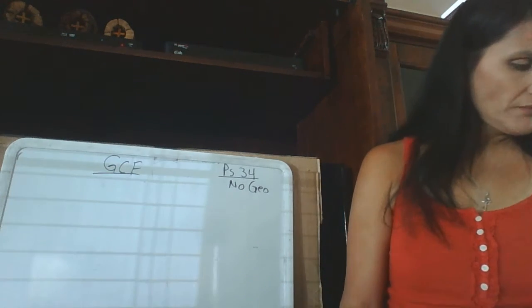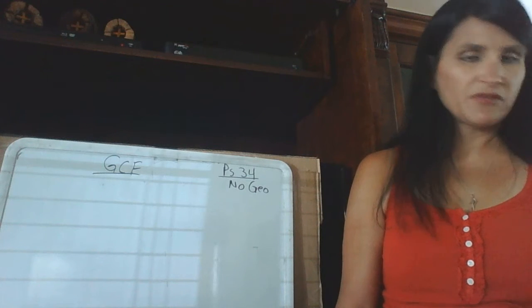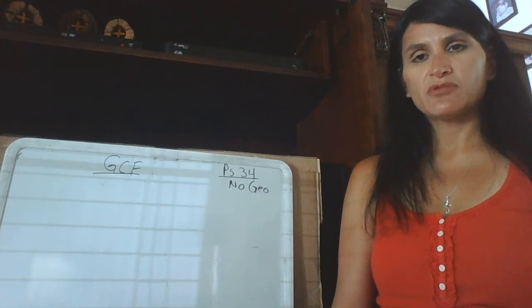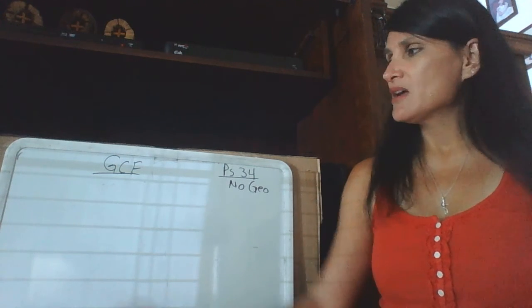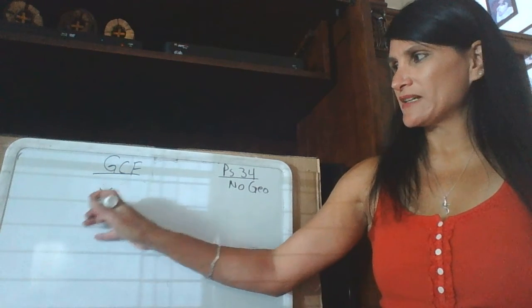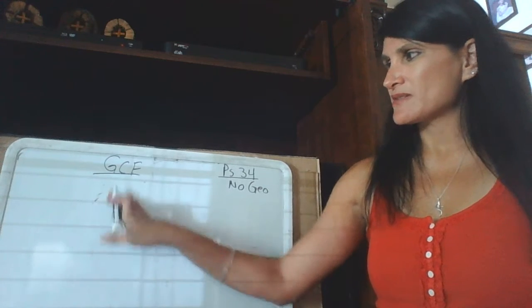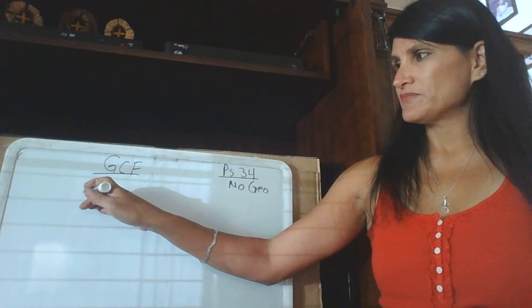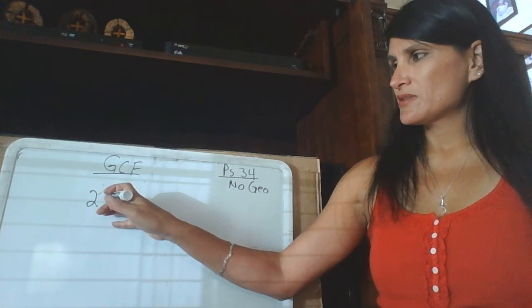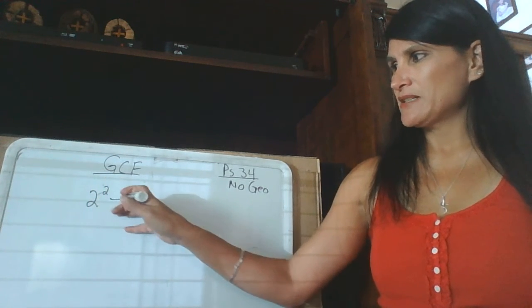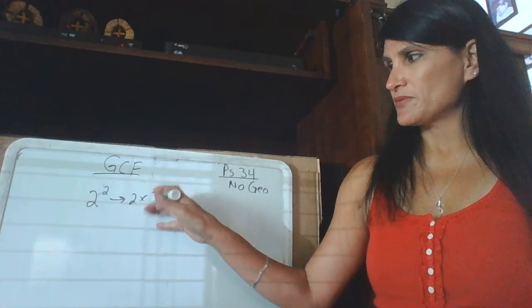As I do that, I want to remind you that any rule that applies to numbers in algebra also applies to variables. So if I had, let's say, 2 squared, I know that that means 2 times 2.